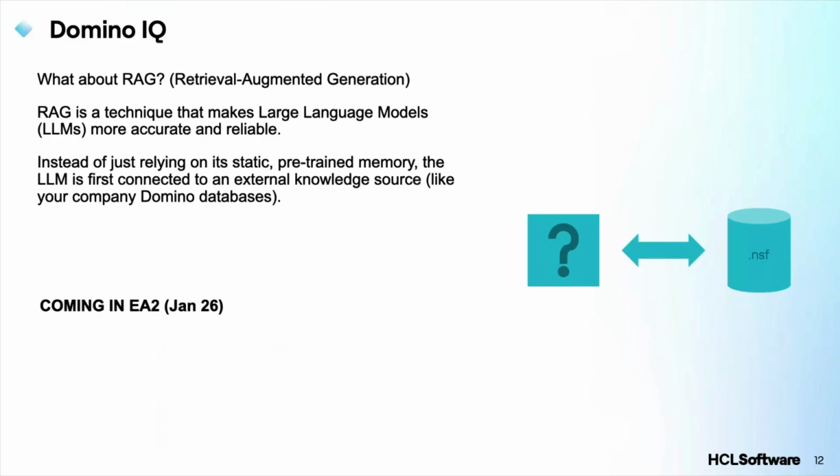What lots of customers are waiting for is the ability to use Domino IQ to query a database, to not just ask a question against a knowledge set, but also leverage knowledge from your existing databases. And for this, a technology named RAG, Retrieval Augmented Generation, is required.